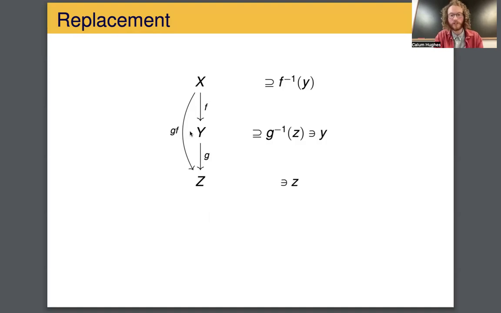This is the definition. And so the axiom of replacement is equivalent to the statement that if F has small fibers and G has small fibers, then their composite GF also has small fibers.